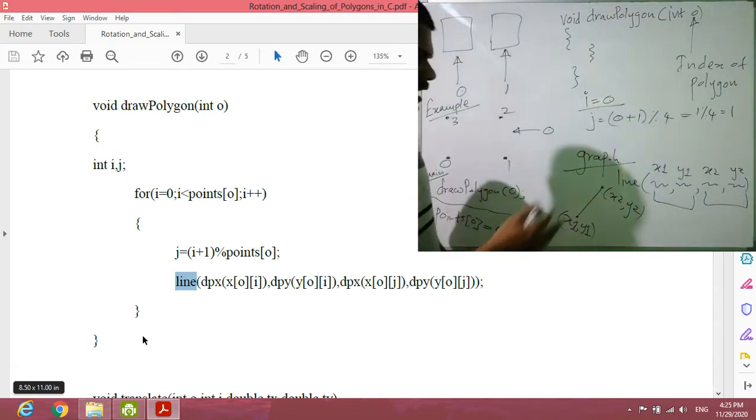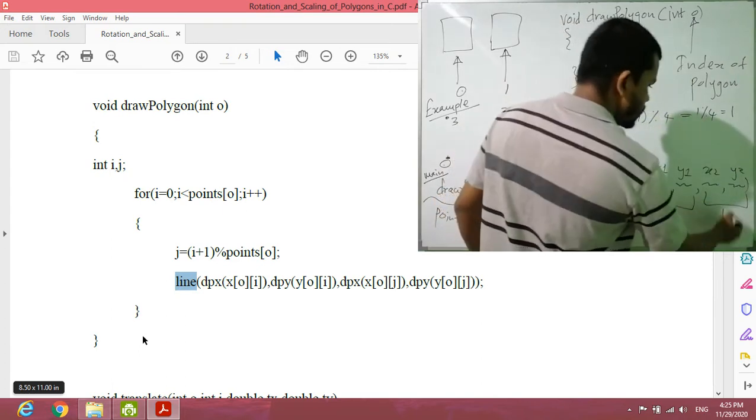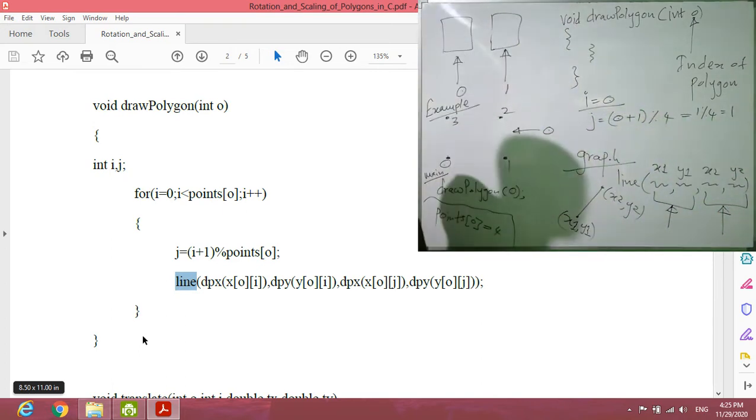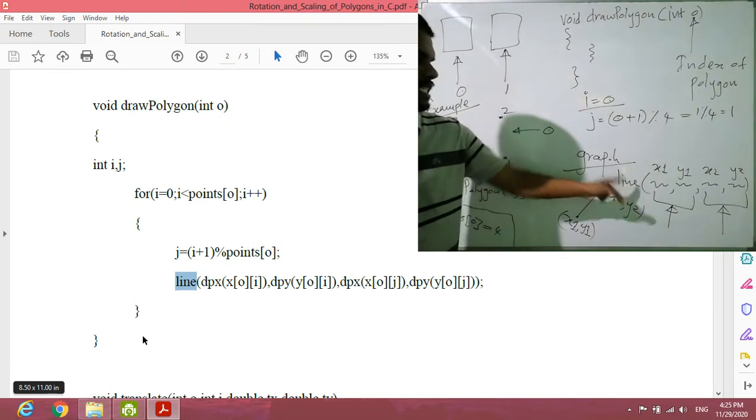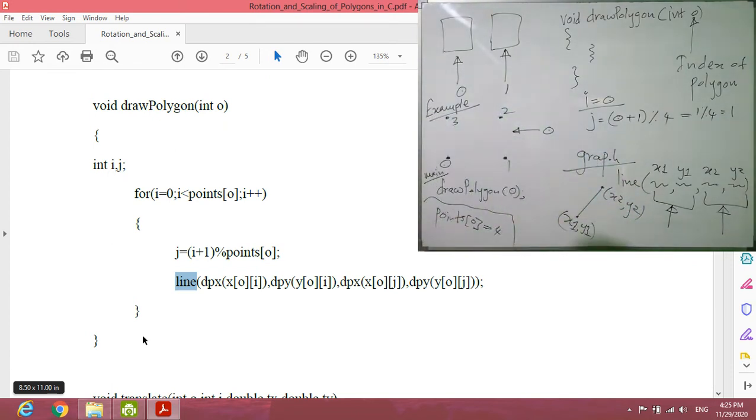There are 2 endpoints, one here, the other here. This line function is defined in the grep.h header file.